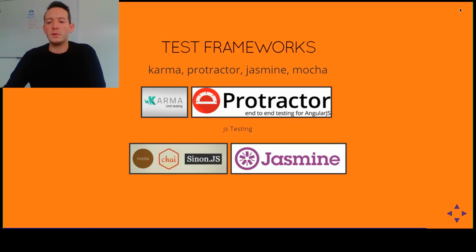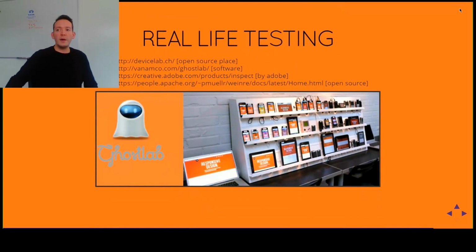And as a final, you have also real-life testing. That means real environment, as you see from the images, thanks to applications like Ghost Lab or thanks to open source like Apache. You can type your website on a screen, and automatically it's viewed on all the other screens that you see in the images. And you can do a print screen of everything, send it to the client saying, okay, we tested on this device, that device.